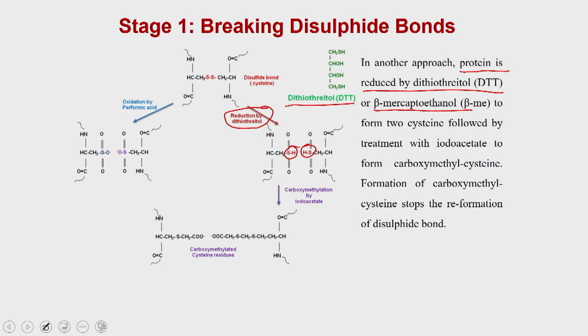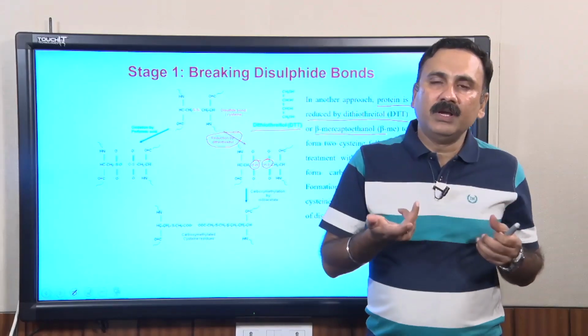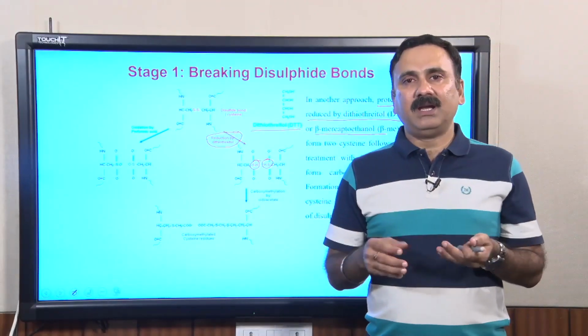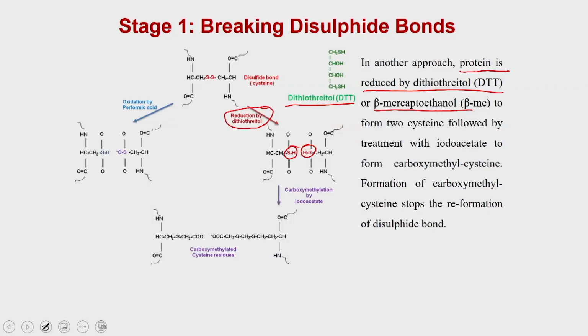But when you convert these by reduction, the SH groups spontaneously come together and form disulfide linkages again. To avoid that, you treat this with iodoacetamide, and that generates the carboxymethyl cysteine derivatives of the two cysteines present on the protein.